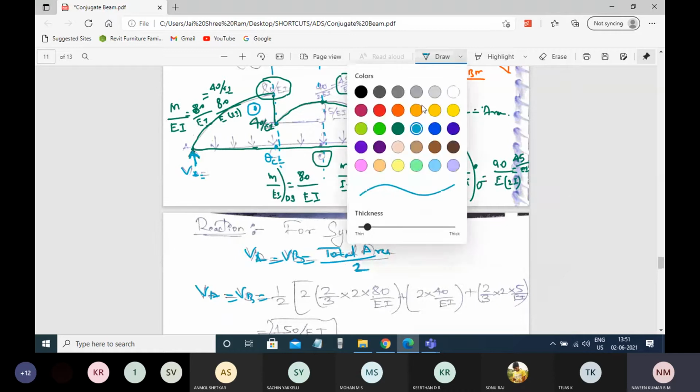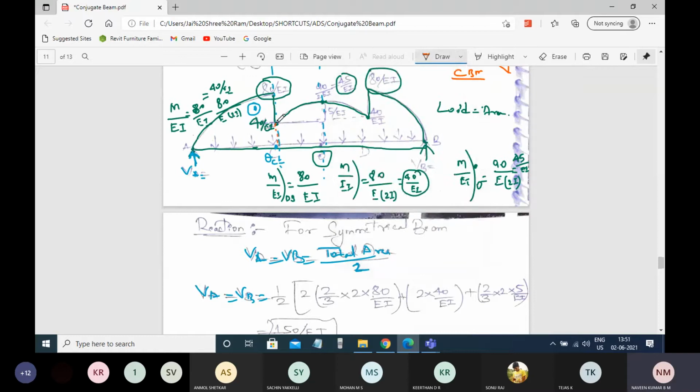Let me divide it into a number of standard shapes. This is one particular quadrant, and this is one more quadrant, and these are two quadrants. So this can be considered as twice the number of quadrants.